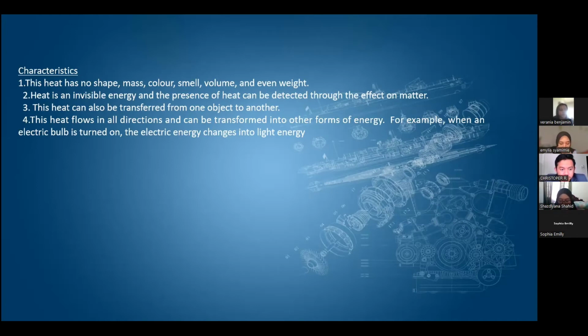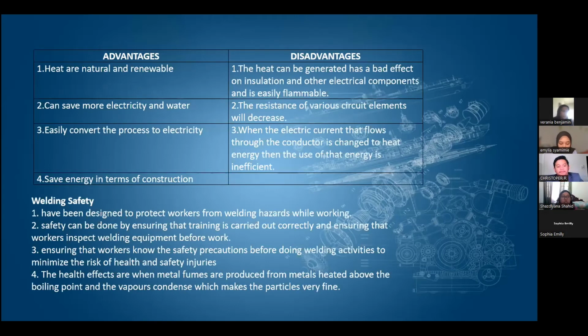For the advantages and disadvantages of heat, the advantages are that heat is natural and renewable, can save more electricity and water, makes it easier to convert the process to electricity, and can save energy in terms of construction.